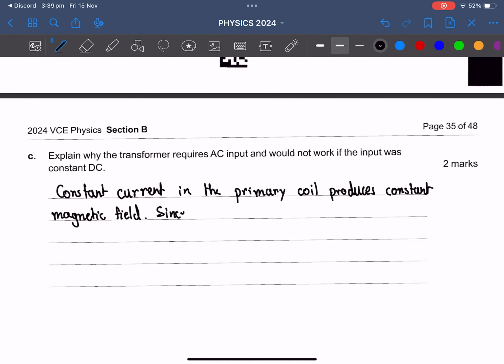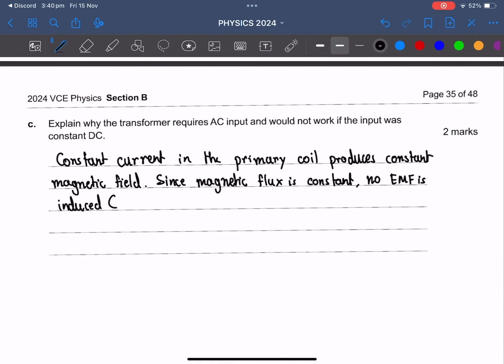Since magnetic flux is constant, no EMF is induced, basically.